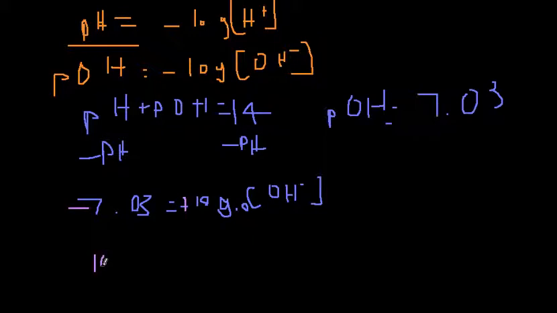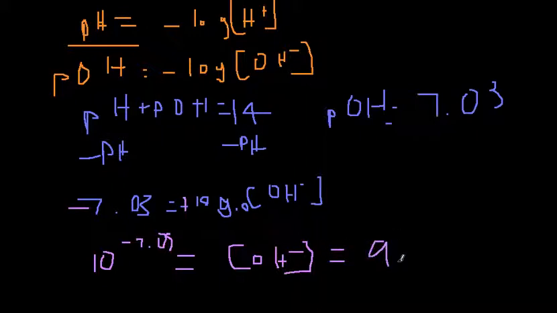And then you have 10 raised to negative 7.03 equals the hydroxide concentration. Now you have to plug this into your calculator, and you should get an answer of 9.33 times 10 raised to the negative 8.